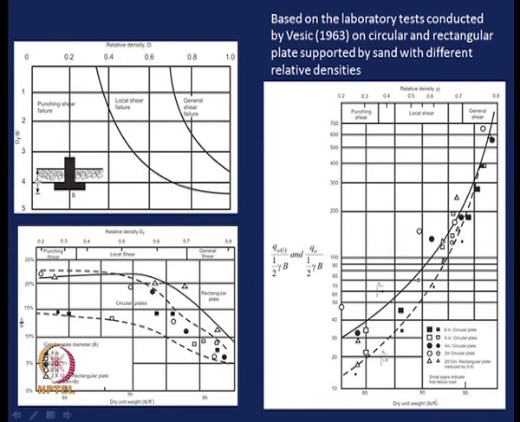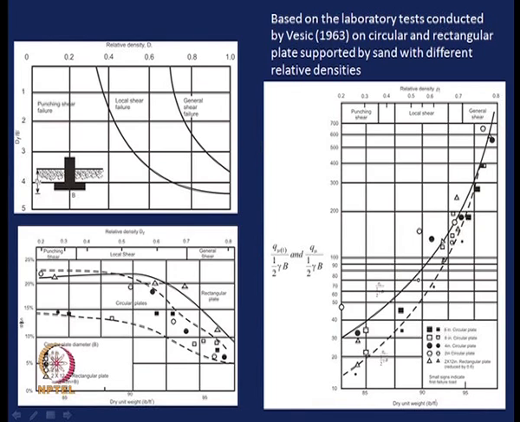Now suppose Df by B star is 2 and the relative density is 60%. Then this will be local shear failure.